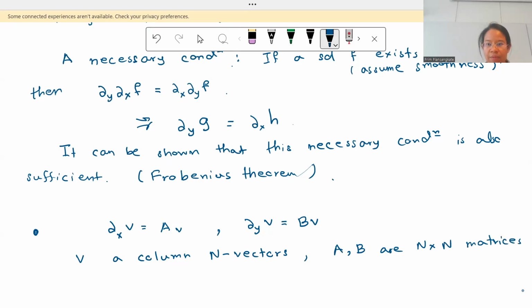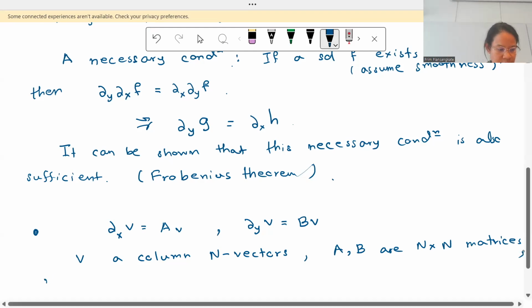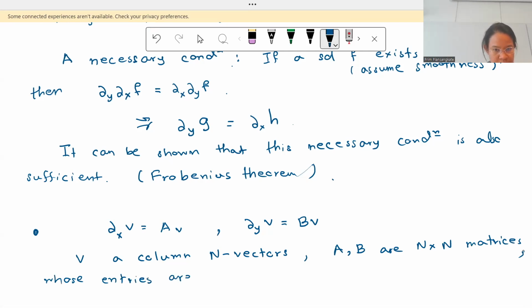But these are vectors and matrices of functions, whose entries are functions of x and y.